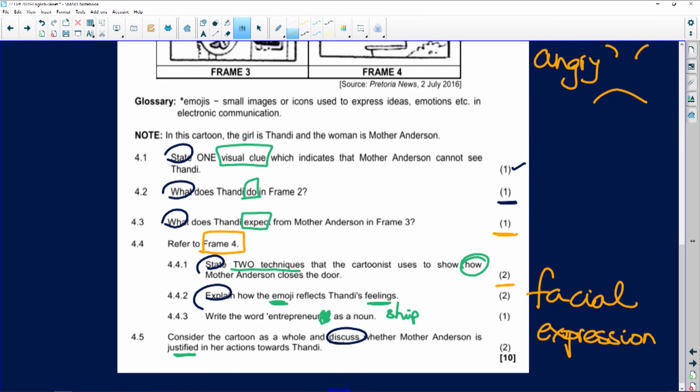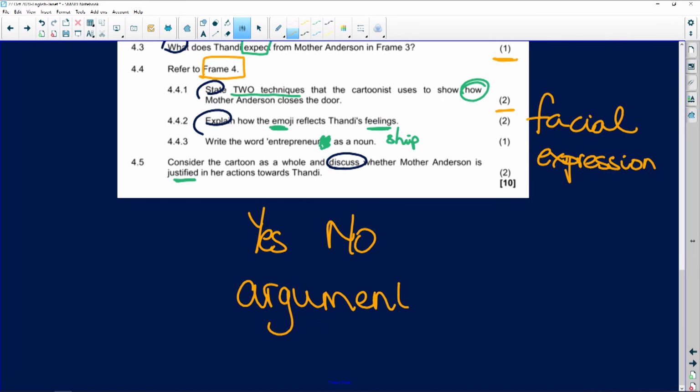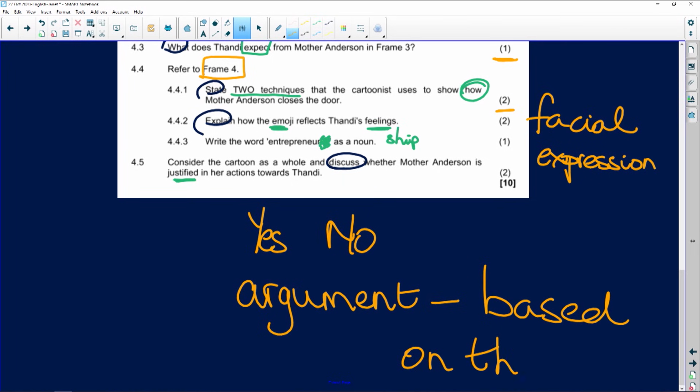Now, is she justified? You are allowed to say yes or no. You don't get marks for yes or no. You get marks for the quality of your argument, which must be based on the text. And this is as important in literature as it is here. Is she justified in her actions? So her actions are to expel Thandi from the house, to put Thandi outside.